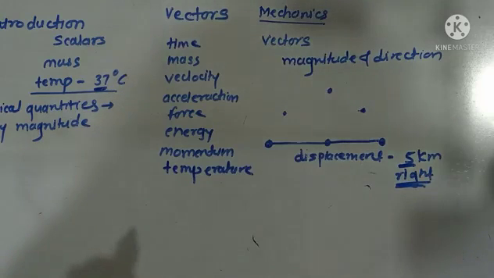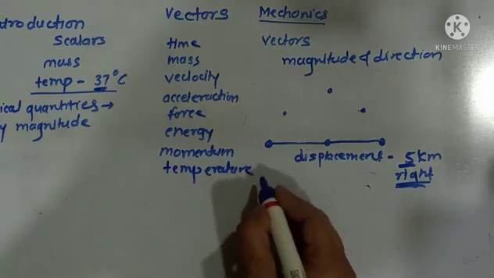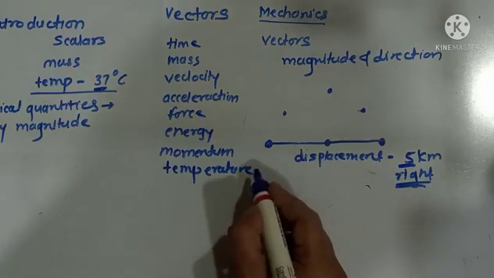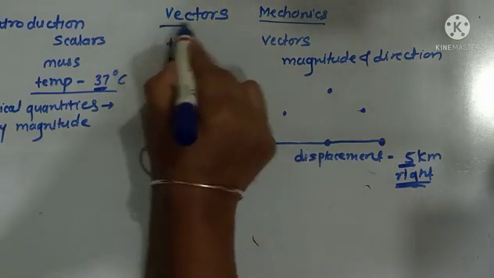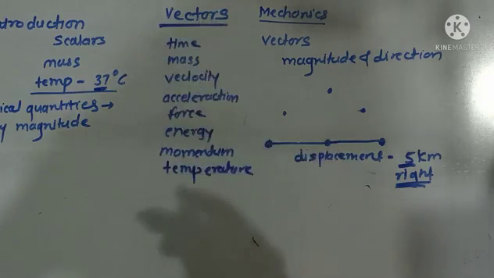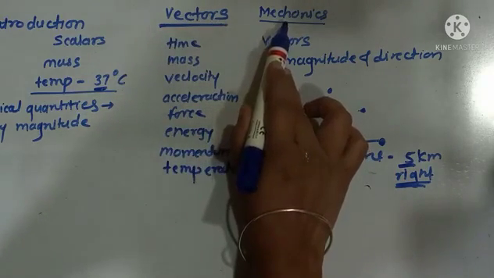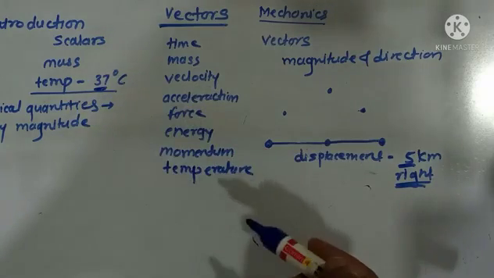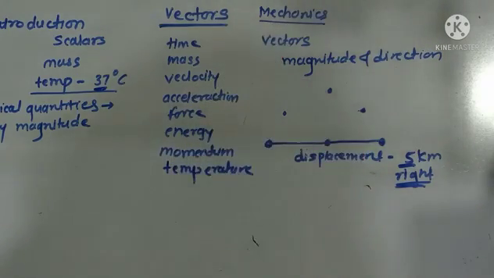That's why vectors are added in your syllabus. It is always necessary to see why we are studying something. So we are studying vectors because we want to study mechanics, and in mechanics almost all entities are vector quantities.